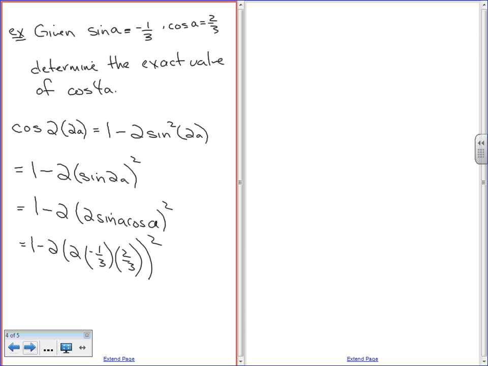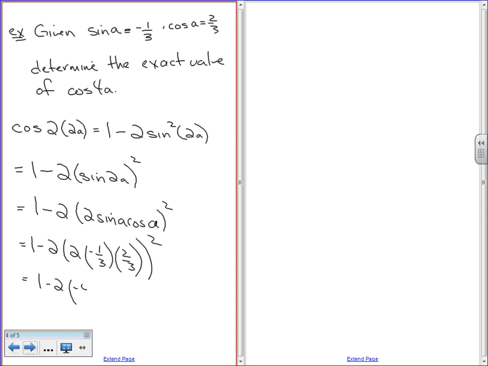And now it's just a matter of simplifying this. So this is 1 minus 2 bracket. And again, when you're multiplying fractions, 2 times negative 1/3 times 2/3 means you multiply the 2 by the top, not by the bottom.